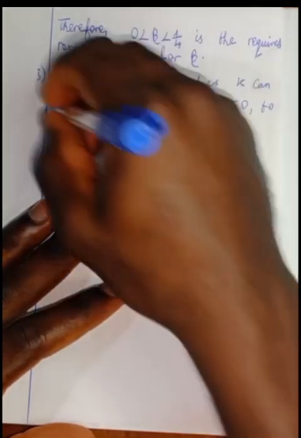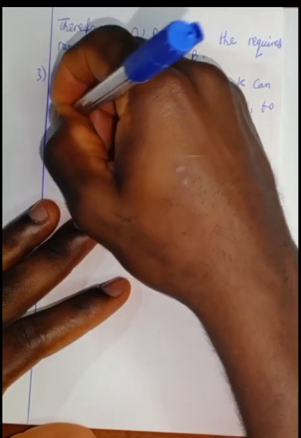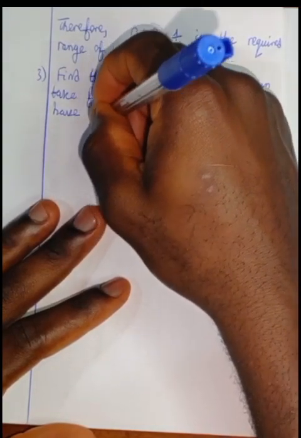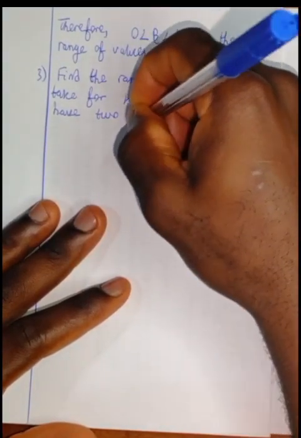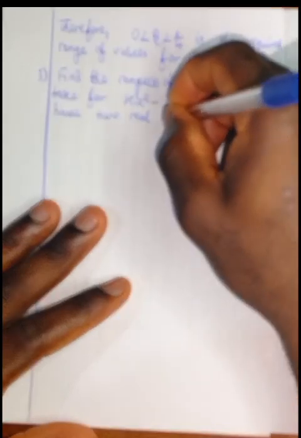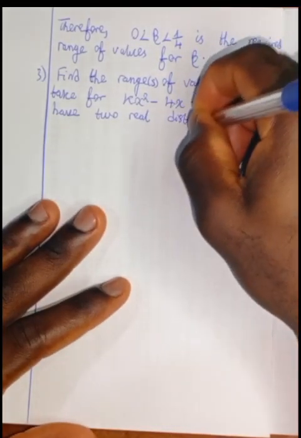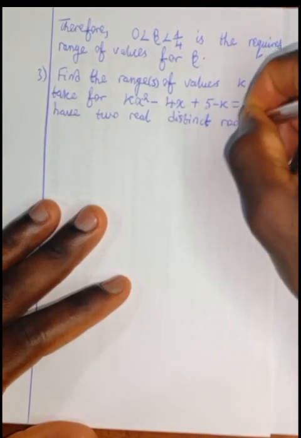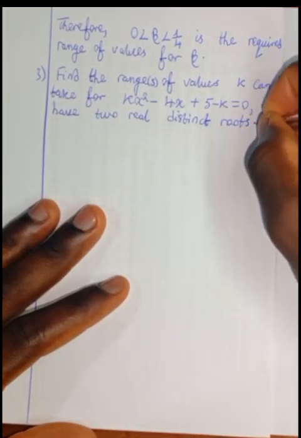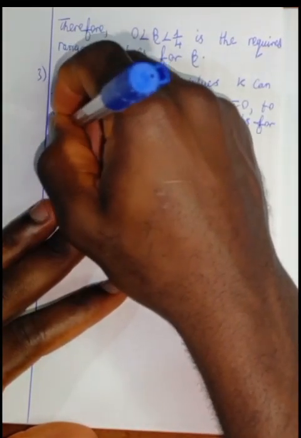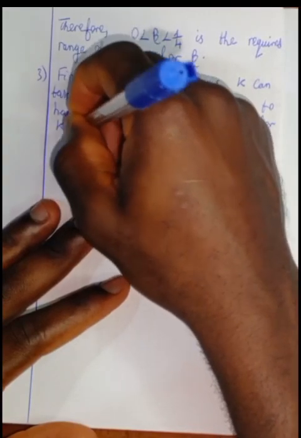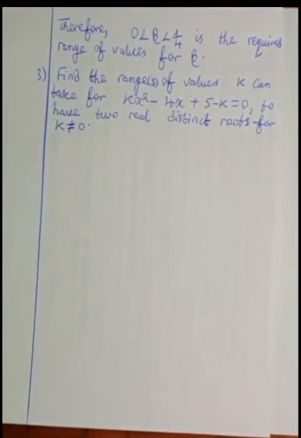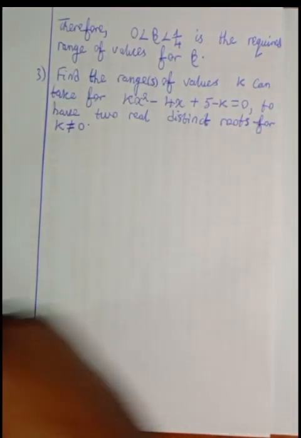We want to have two real distinct roots. For k not equal to 0, that means k must not be equal to 0. We take down the solution.